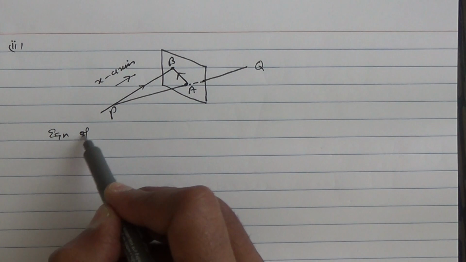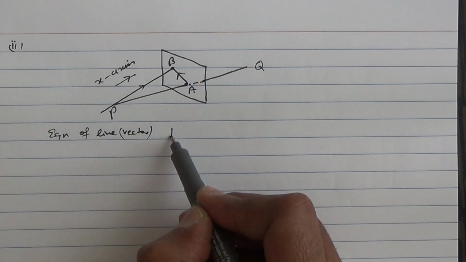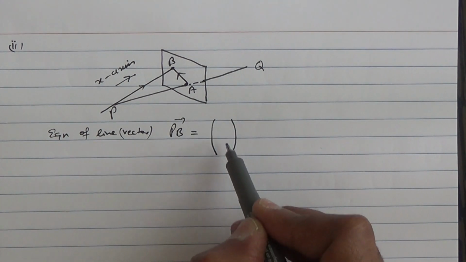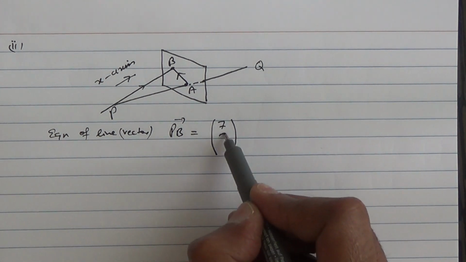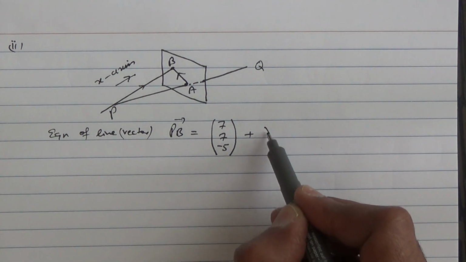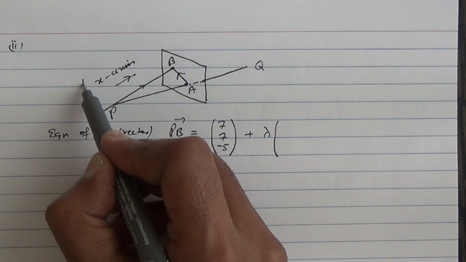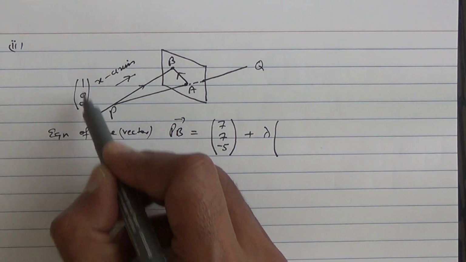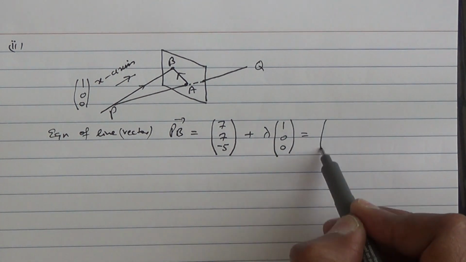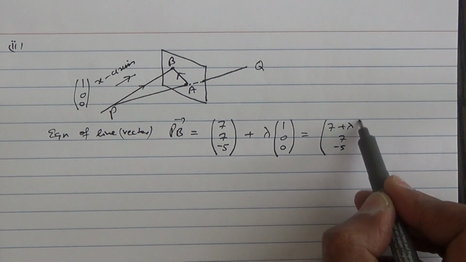So the equation of the vector line PB is going to be equal to OP, which is 7, 7, minus 5, that was given in the question, plus some parameter lambda, and the direction vector of the x-axis is 1, 0, 0. So we have a general point now, 7 plus lambda, 7 and then minus 5.